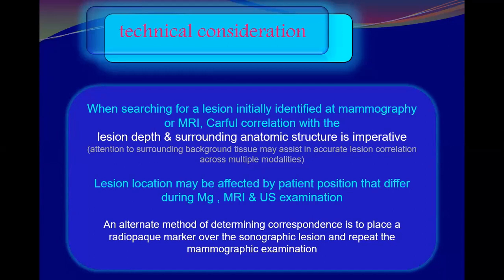Because of different patient positioning between different modalities. The patient on mammography will be standing, upright. On ultrasound will be supine or oblique, lateral oblique, or lateral positions. On MRI will be in a prone position, and the breast is pendulous, is mobile.